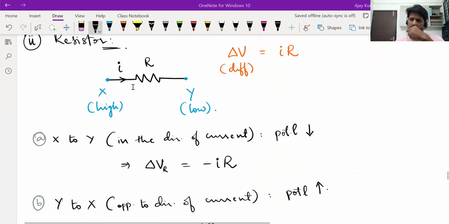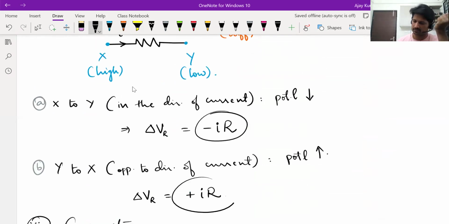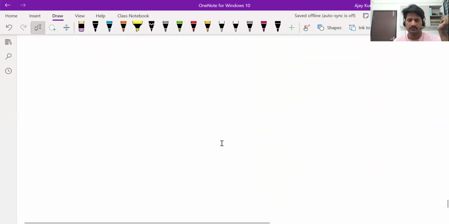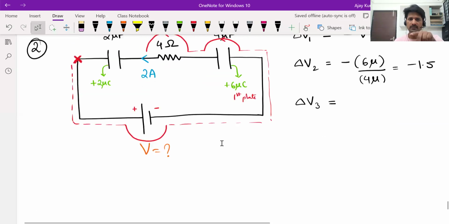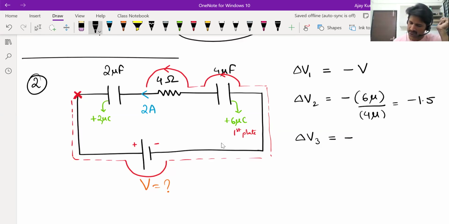Across a resistor, sometimes you'll write minus IR, sometimes plus IR. It depends on whether you are going in the direction of current or opposite to the direction of current. You have to check that. Here the current is flowing to the left, and when you move anti-clockwise, you'll be moving across the resistor to the left. So minus IR, correct. It becomes minus I is 2, R is 4, so minus 8 volts.